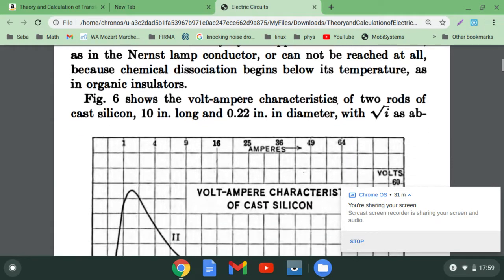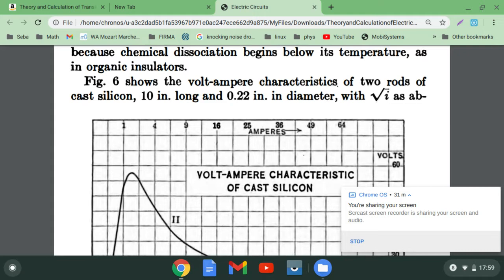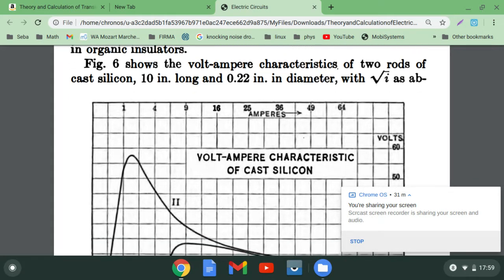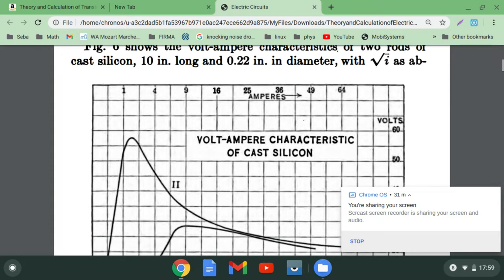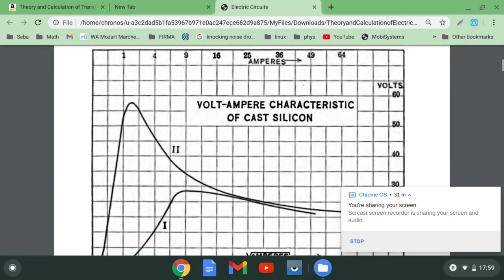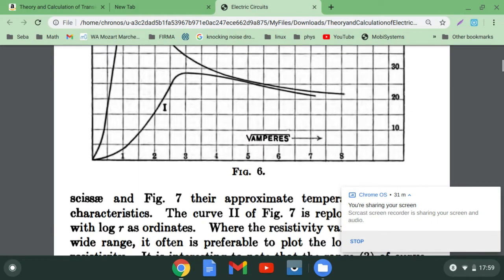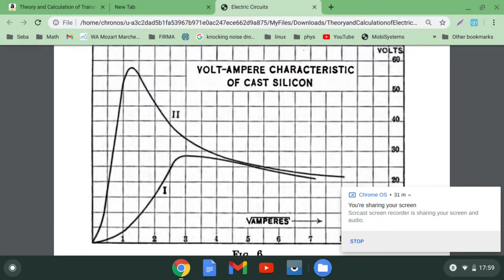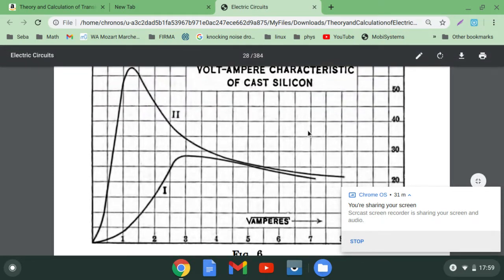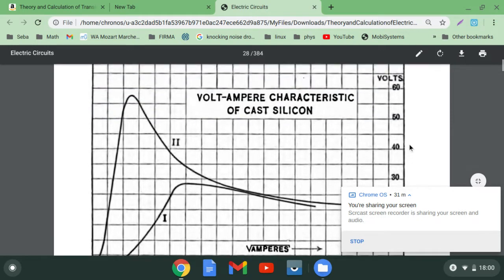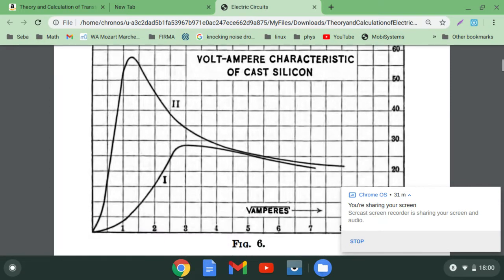Figure 6 shows the volt-ampere characteristic of two rods of cast silicon, 10 inches long and 0.22 inches in diameter, with square root of I as abscissa, horizontal, volts as vertical.